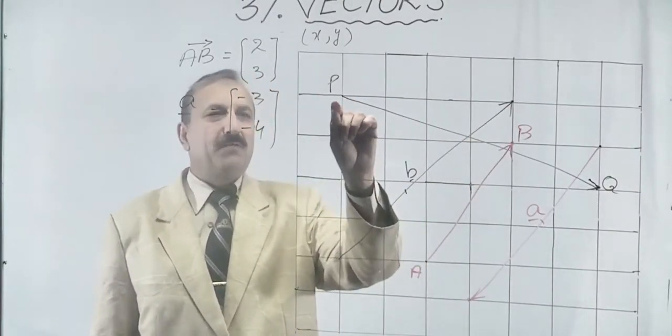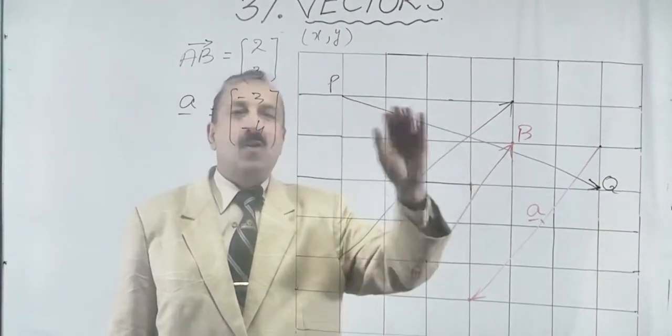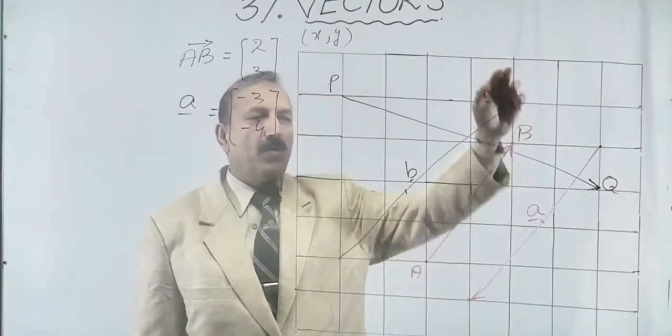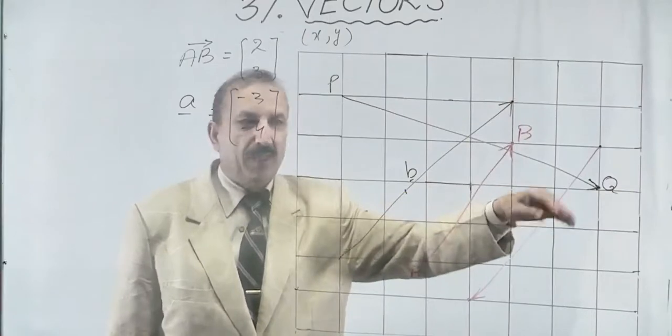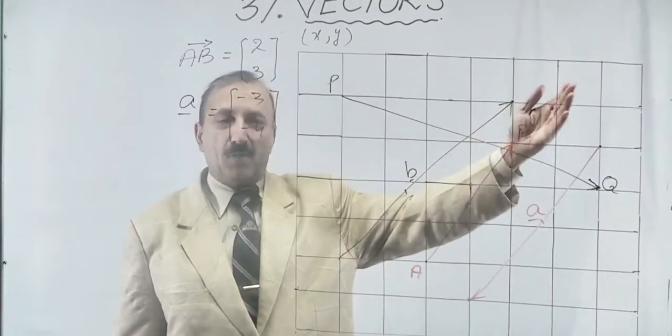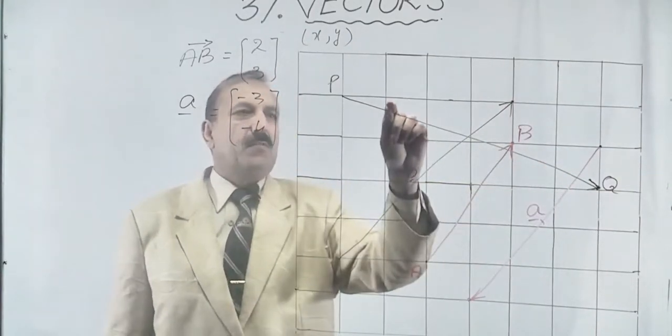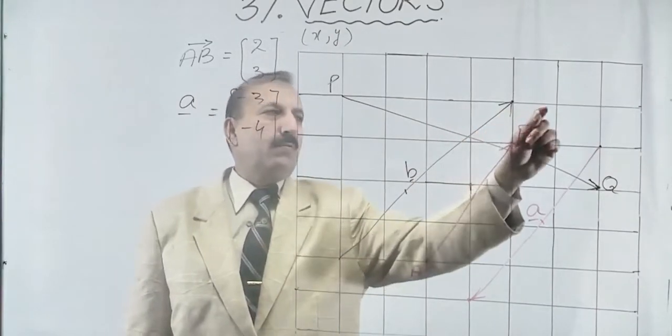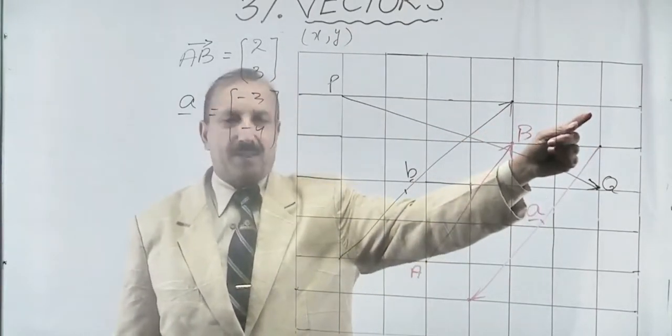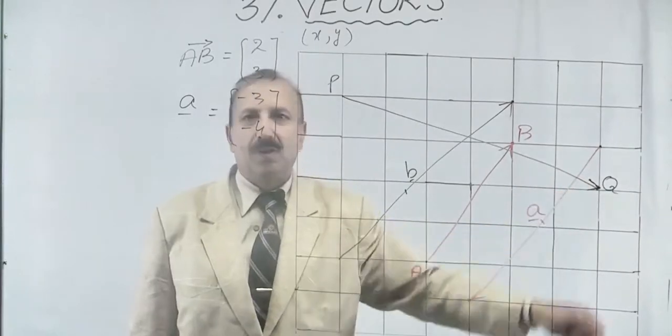From this you can see we are moving towards the right side. We'll count how many units we move, and then how many units we are moving up or down. If it is up, it is a positive value of y, down is negative. This is 1, 2, 3, 4, 5, and 6 units along the x-axis, 1 and 2 along the y-axis.